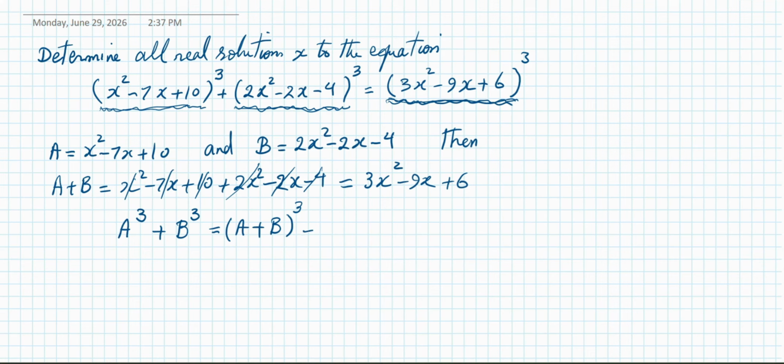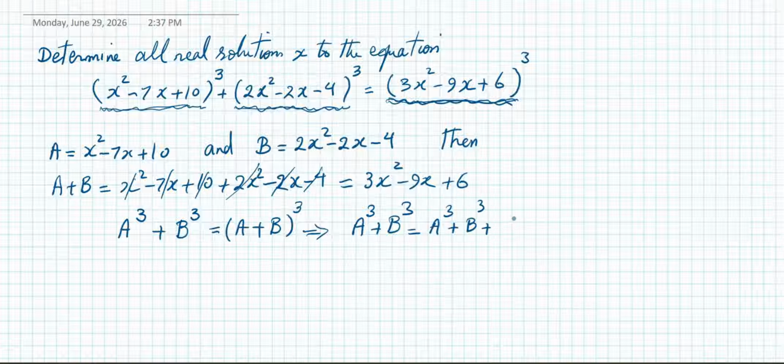So from here we find that A cubed plus B cubed is equal to A cubed plus B cubed plus 3A squared B and 3AB squared.